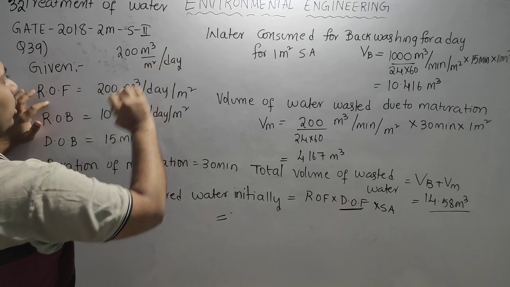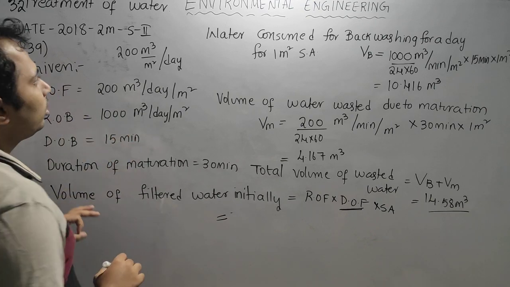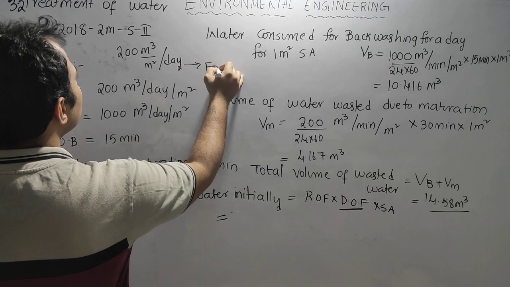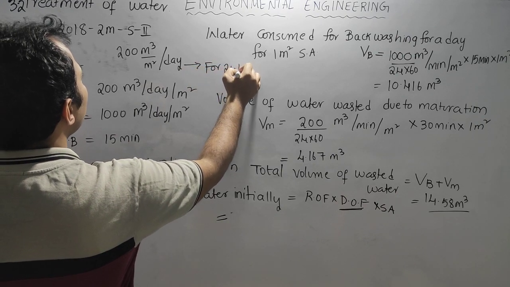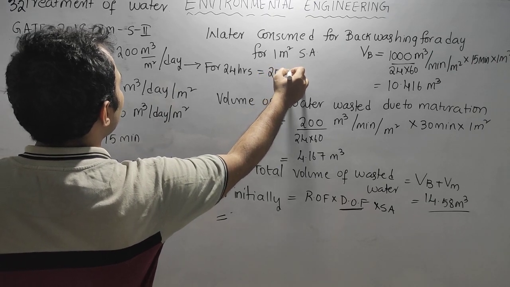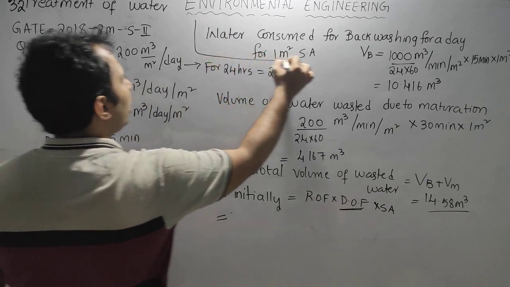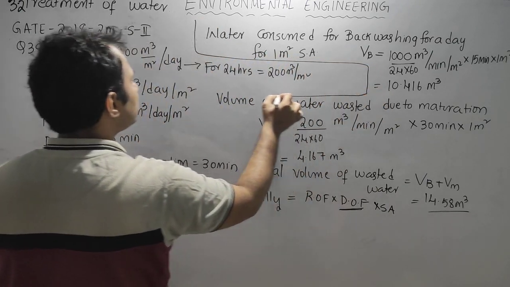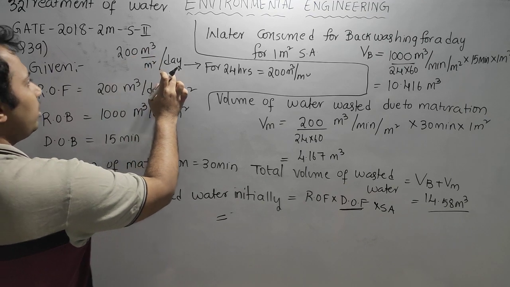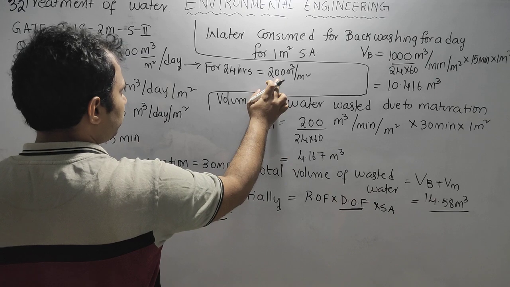For one day, that means for 24 hours, it is 200 meter cube per meter square. It means for 24 hours it is getting this much of water.